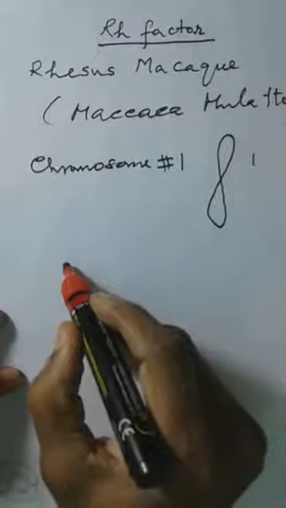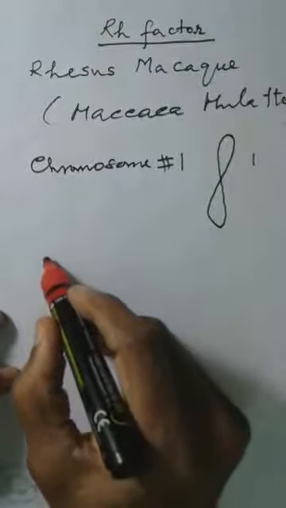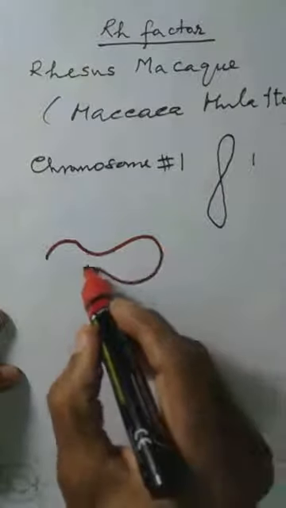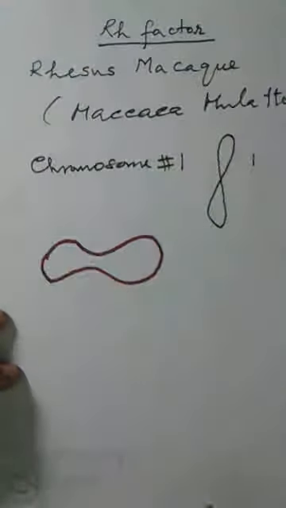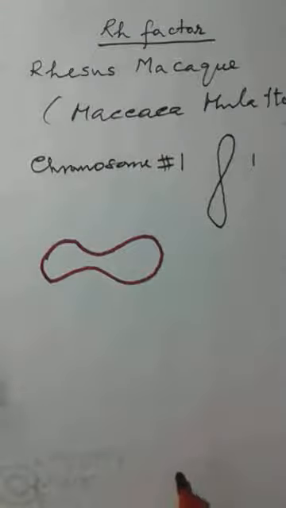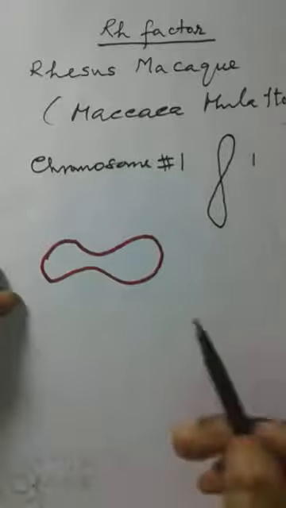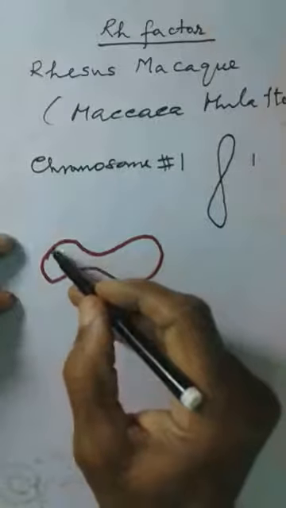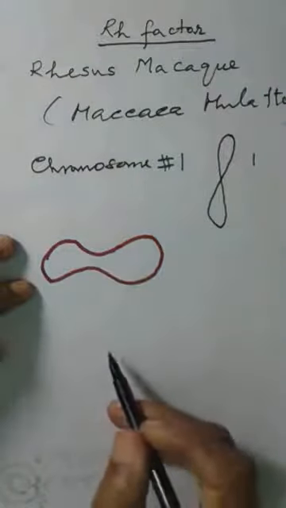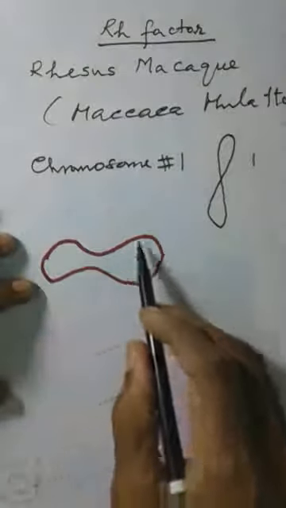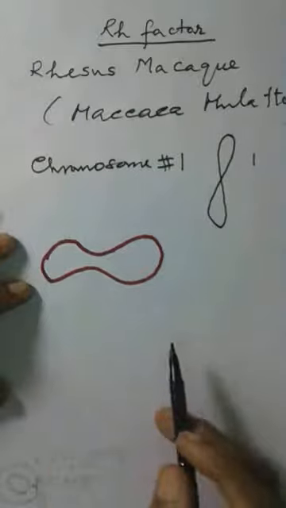Suppose this is the RBC. On the surface of the RBC, as I explained earlier, there are many antigens.